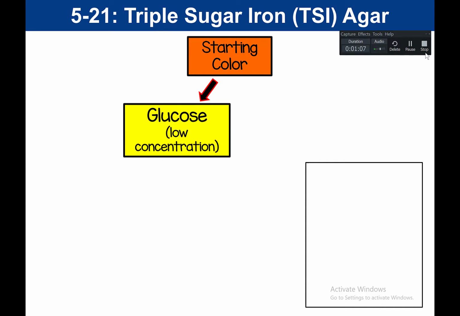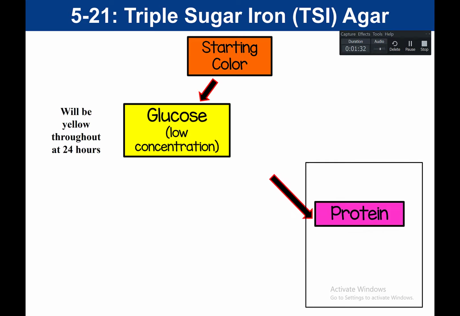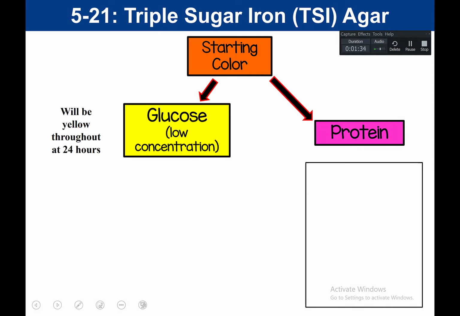And so the tube is going to turn yellow, and it'll be yellow throughout at about 24 hours. So about 24 hours after incubation, if you were to check these, you would see yellow throughout if the organism was able to ferment the glucose. Now, if they cannot ferment the glucose, that means they're not going to be able to ferment the disaccharide either. So their other food choice would be peptones, using the proteins.